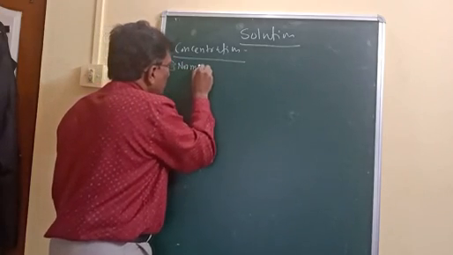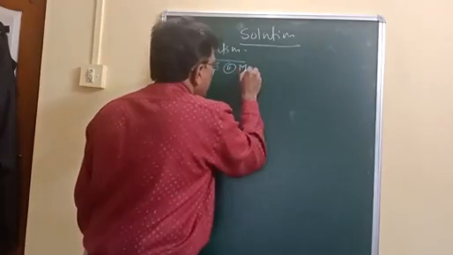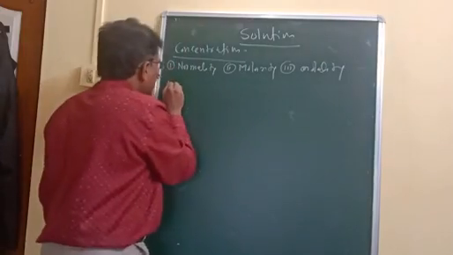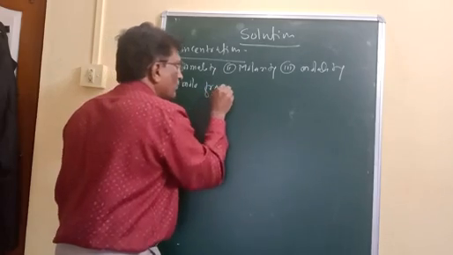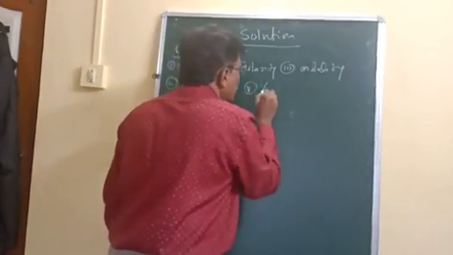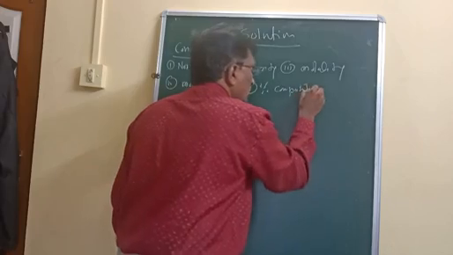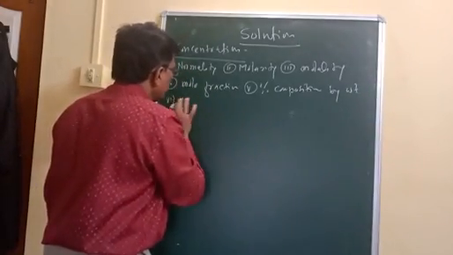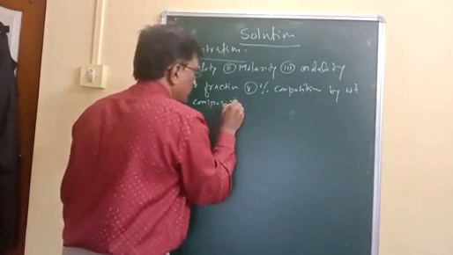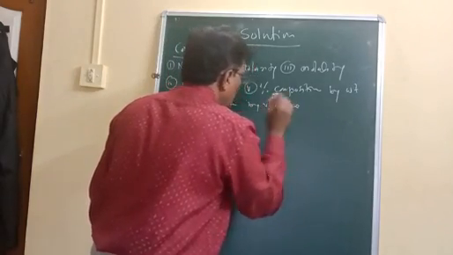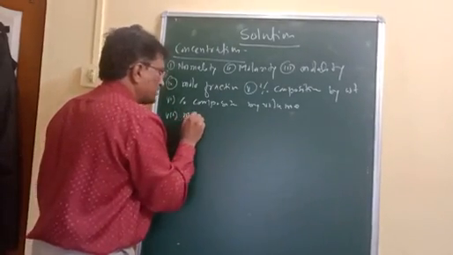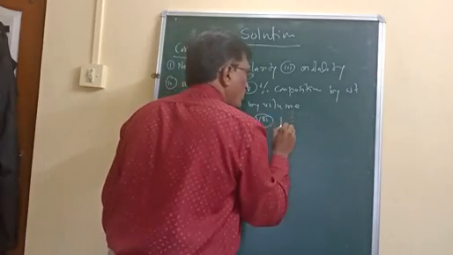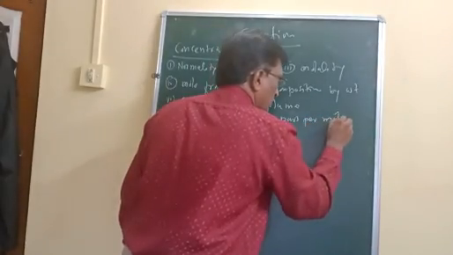These units are normality, molarity, molality, mole fraction, percentage composition by weight, percentage composition by volume, mole percent, and parts per million.